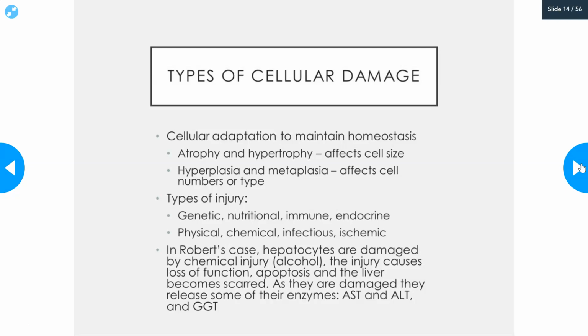Those will affect cell size, so they can get smaller or larger. And you can get hyperplasia and metaplasia. Hyperplasia is when the cell number is increased, and therefore the tissue will be thicker and take up more space and have more of those cells in it. And then metaplasia changes the type of cell.